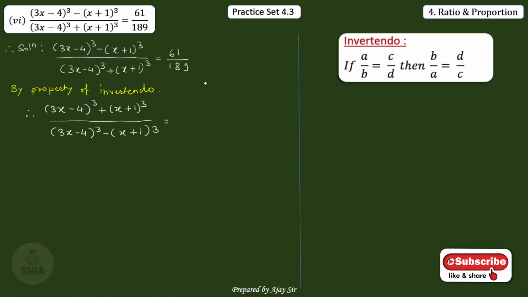Similarly, on the right hand side, this is 189 divided by 61.